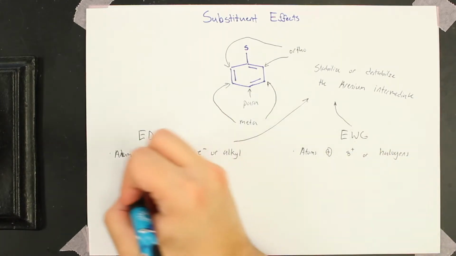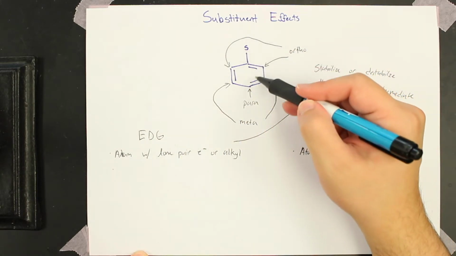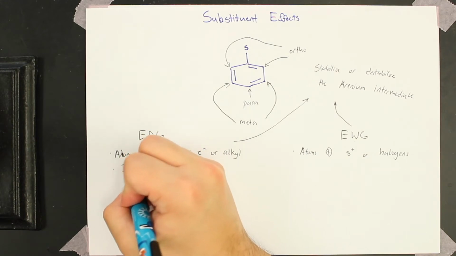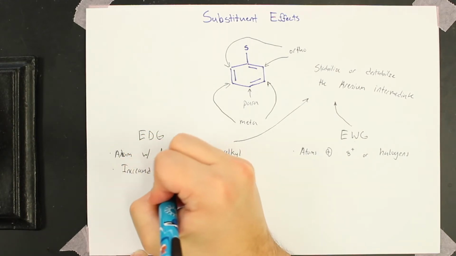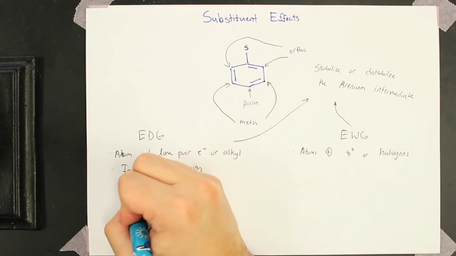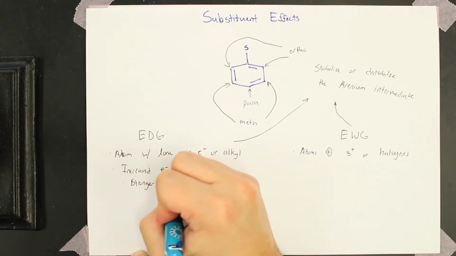For an electron donating group, if this substituent is donating, it's going to push electron density into the ring. So the ring is going to have increased electron density, and in doing so, it turns it into a stronger nucleophile.